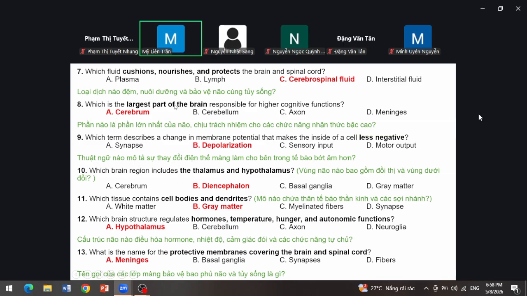8. Cerebrum is the largest part of the brain, responsible for higher cognitive functions. 9.